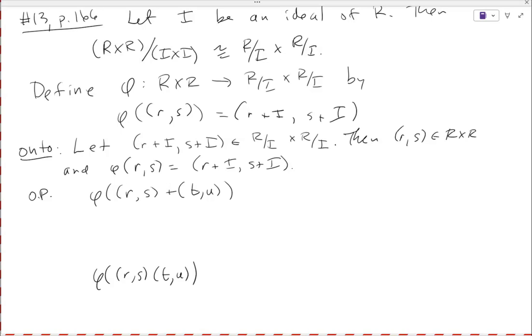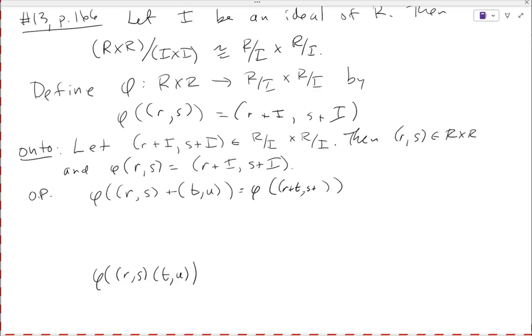The first thing we want to do is do the operation. What is (r, s) plus (t, u)? How do we add ordered pairs?